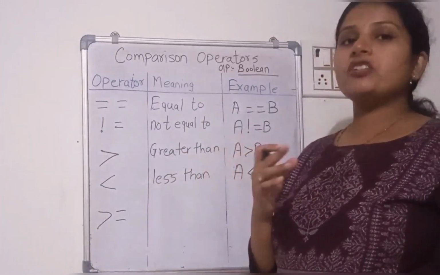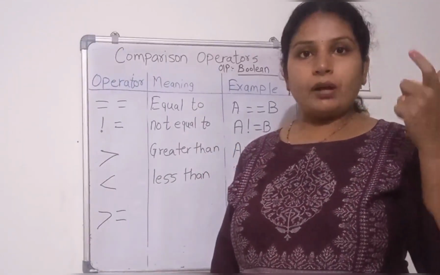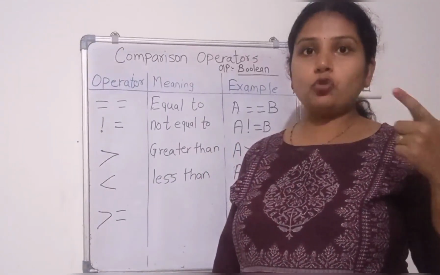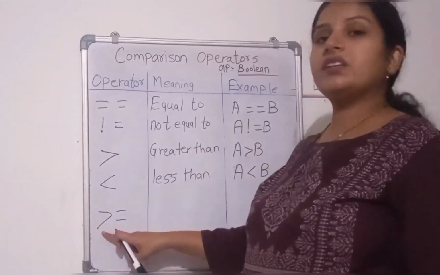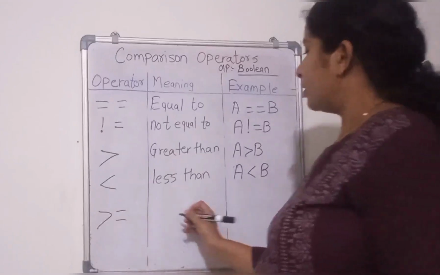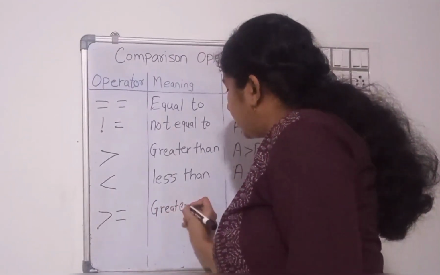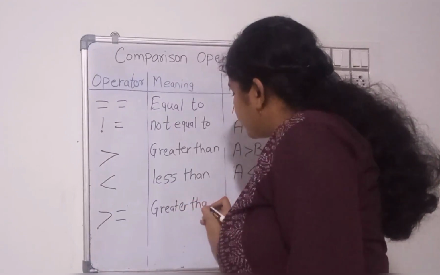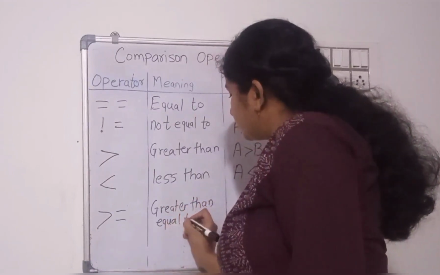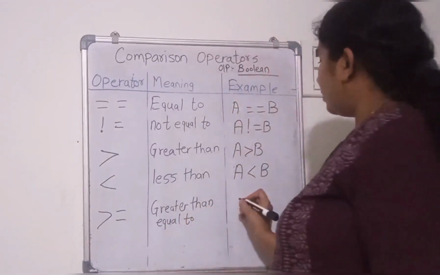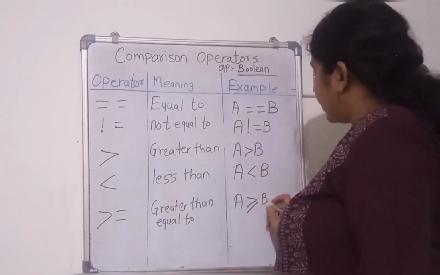So when we are checking greater than and equal to in the same expression, then we go with the greater than or equal to sign. Here A is greater than or equal to B. This can be written like this.